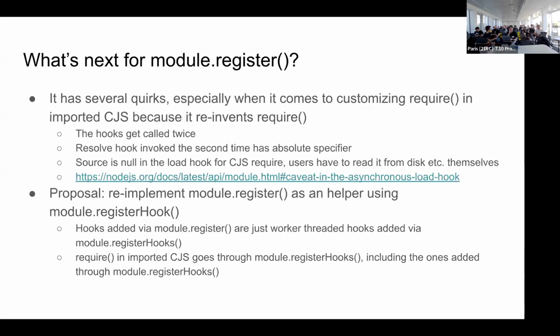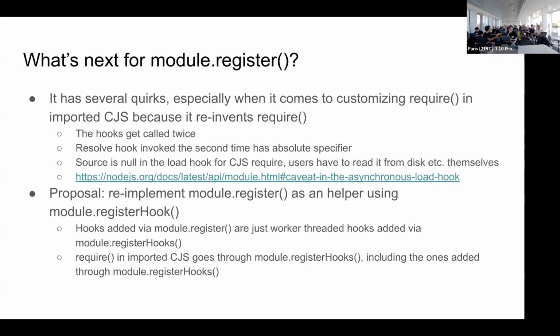I have a library that does that, and the difference is basically you import the stuff and then feed that import into register hooks. So I think there's probably a path forward, at the very least, to ease the migration.